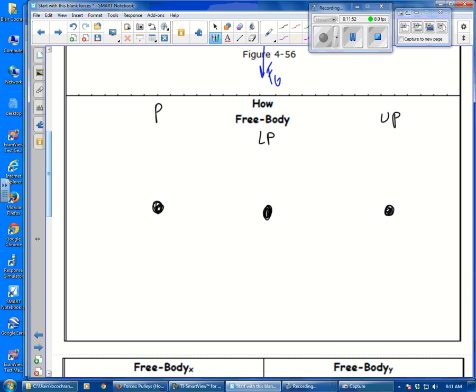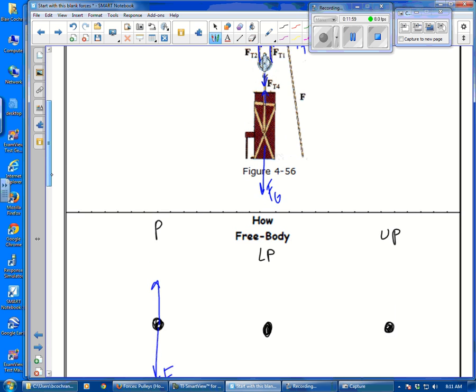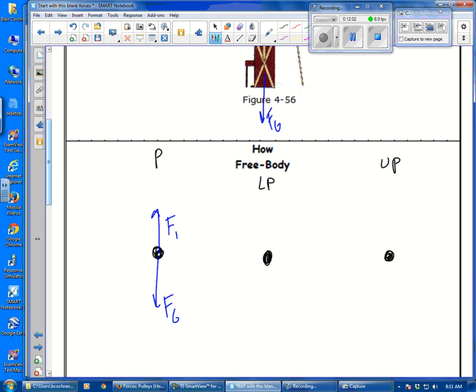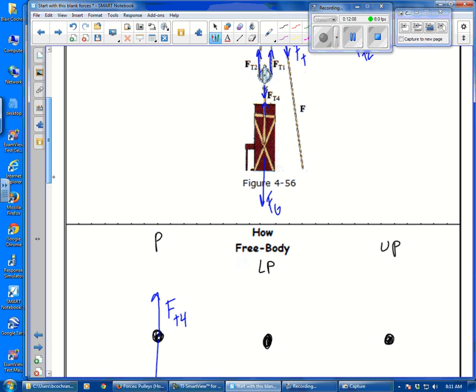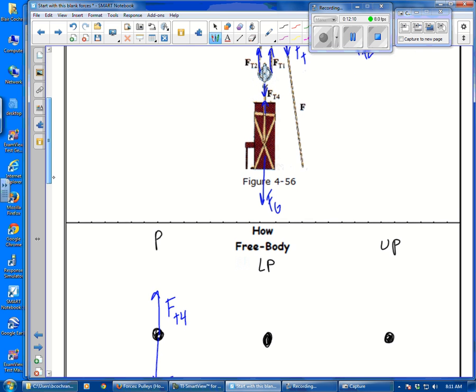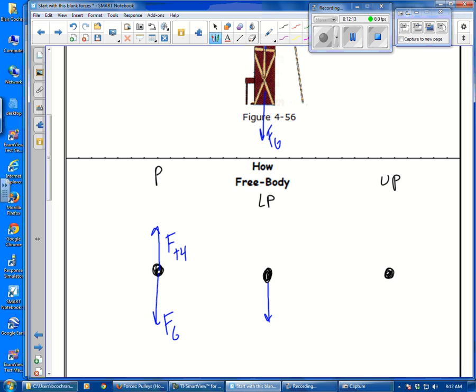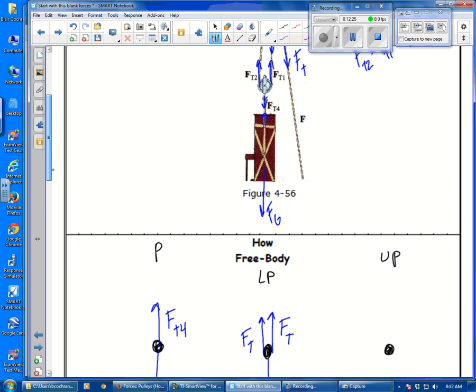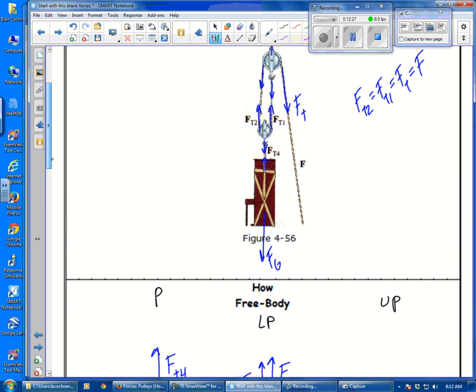So for the piano, it had its weight down. None of these have acceleration. And let's see, that was FT4 up. For the lower pulley, that one there, we have FT4 down, FT up, and FT up. And I'm just generically using FT because it's less writing than writing FT1 and FT2.